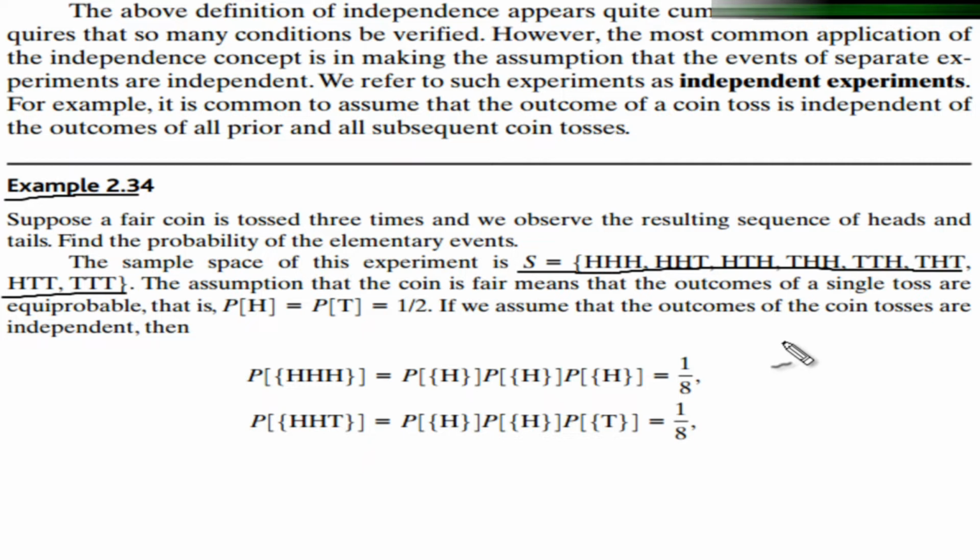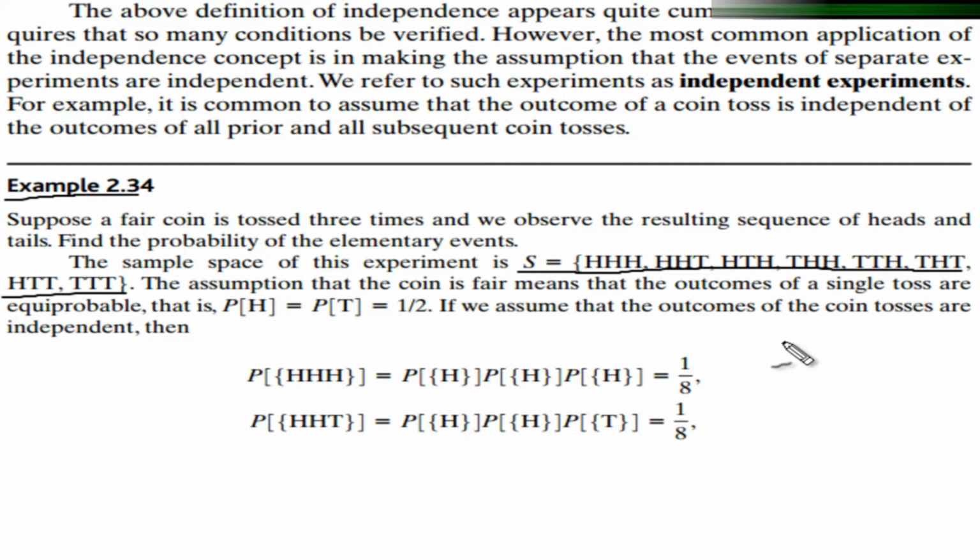If you have got heads, the second toss will not end up in tails or heads depending upon the previous event. So it means that the 2 events are independent of each other.